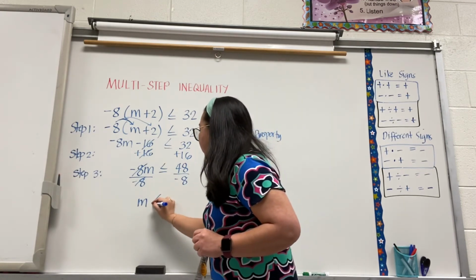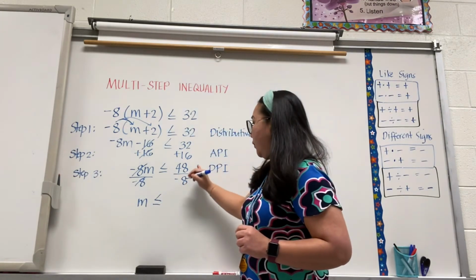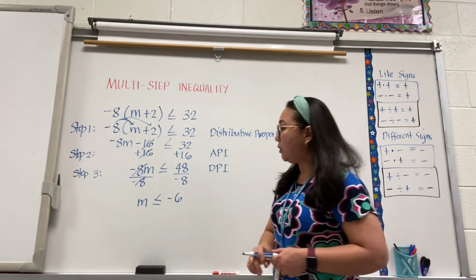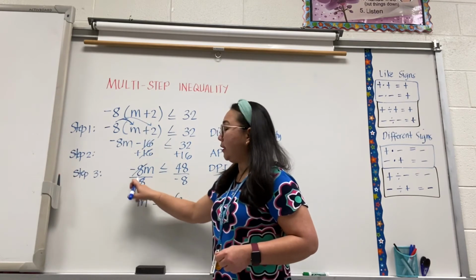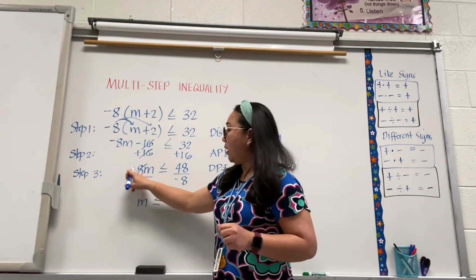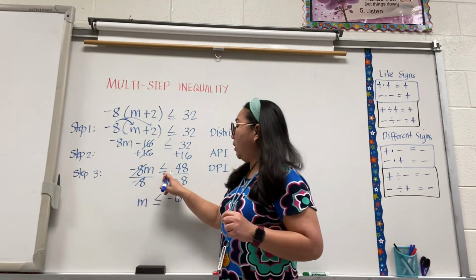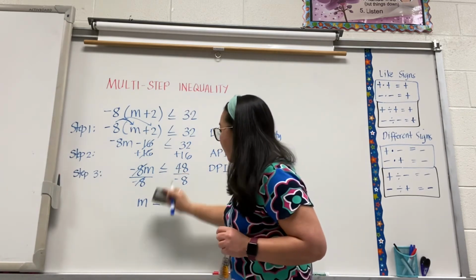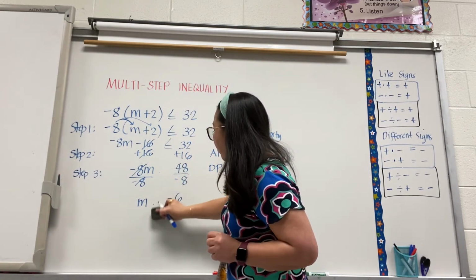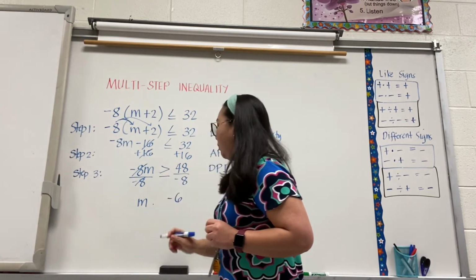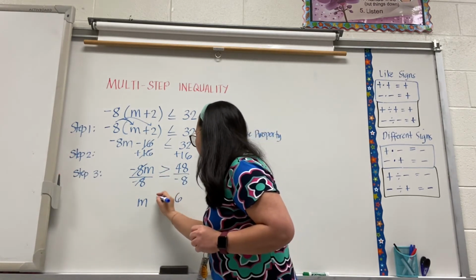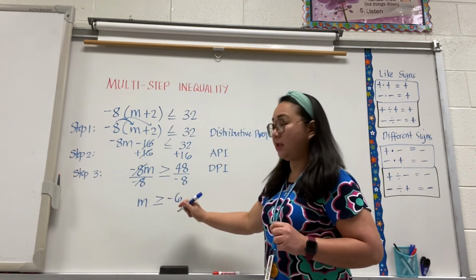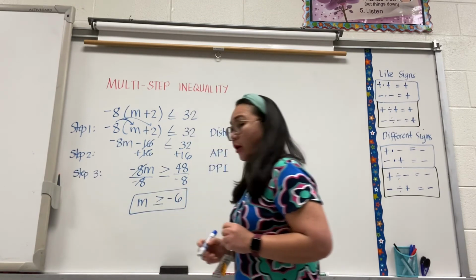The symbol less than or equal to. 48 divided by negative 8 is negative 6. Now, notice that we divide by a negative number. Remember that when you divide by a negative number, you will reverse the inequality symbol. So from less than or equal to, this will become greater than or equal to. Your final answer will be m is greater than or equal to negative 6. So this is now your solution.